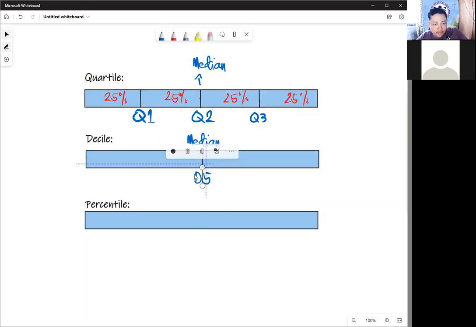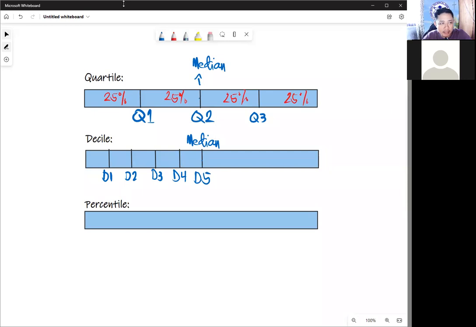There will be 4 other divisions here. Let's divide this into 4. 1, 2, 3, and 4. There you go. So this will be the first decile, the second decile, the third decile, and the fourth decile.